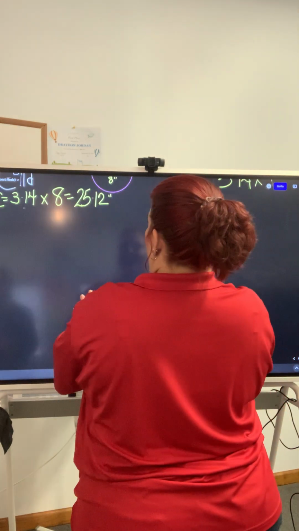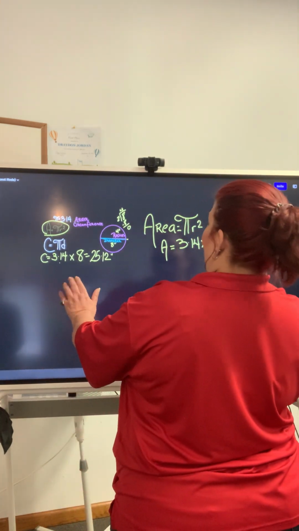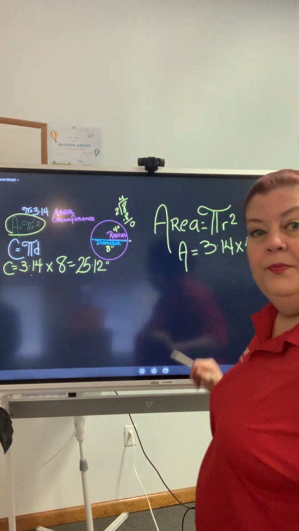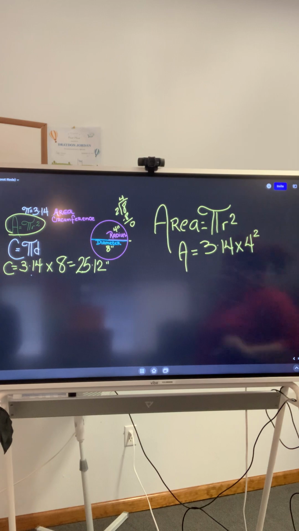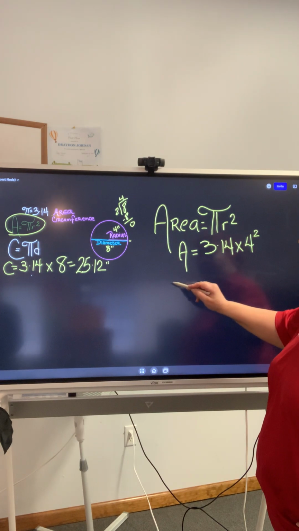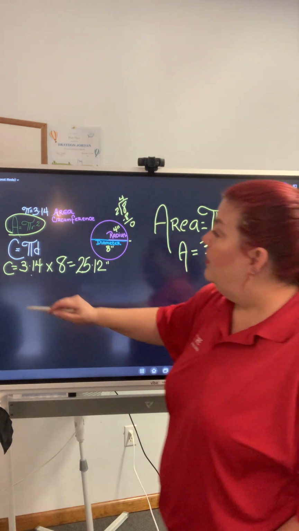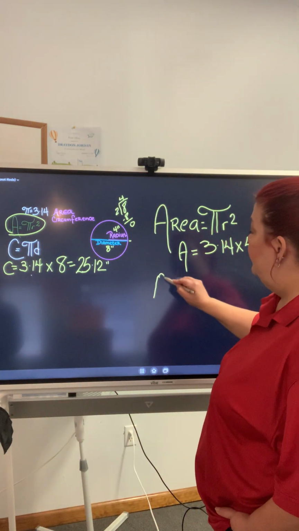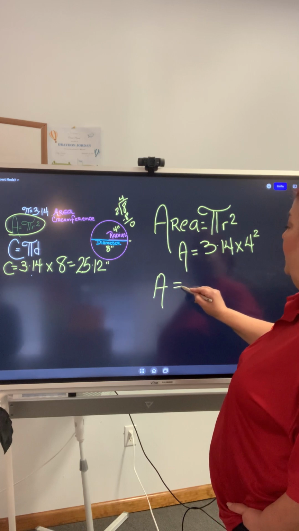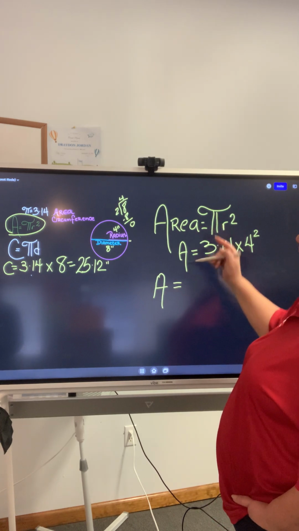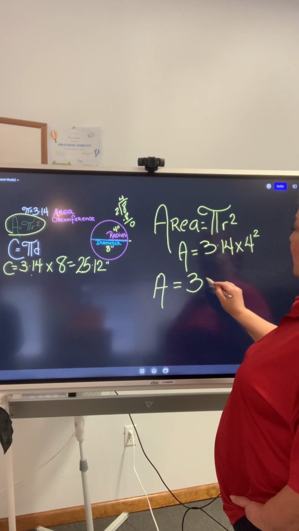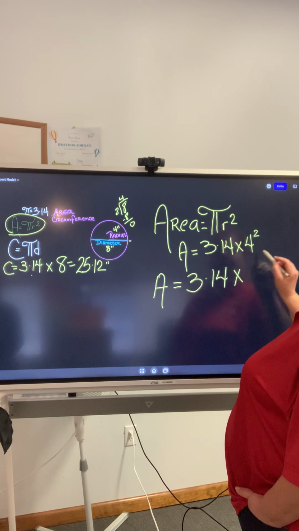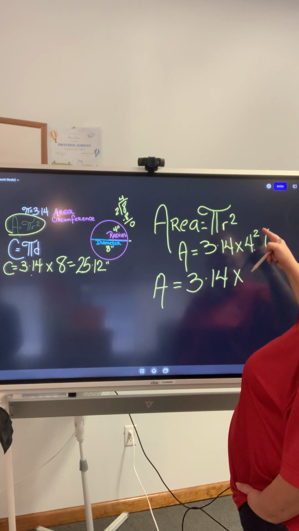Now, going back to our problems, here it is. So, we were talking about 4 squared. So, just for the sake of breaking it down and showing the process, we will do area is my pi 3.14 times, what is 4 squared?